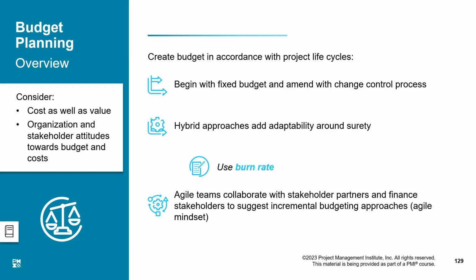We work in iterations. We have a product backlog, just like we did in scheduling. Here for budgeting also, we are going to pick up the highest priority item from the product backlog, and we will estimate only that much work which is to be done in one iteration. Anyways, so these were the three approaches.